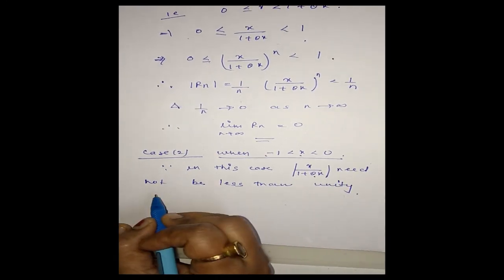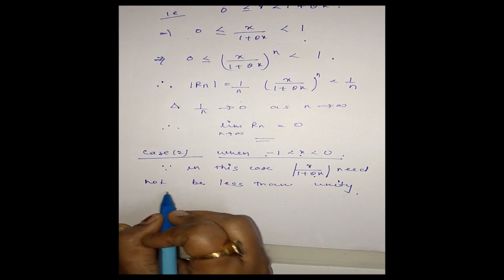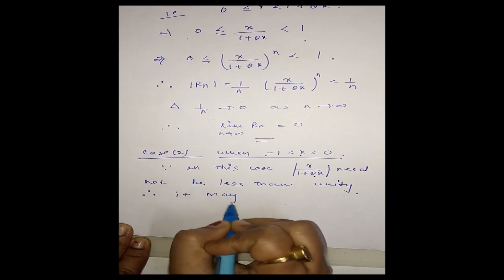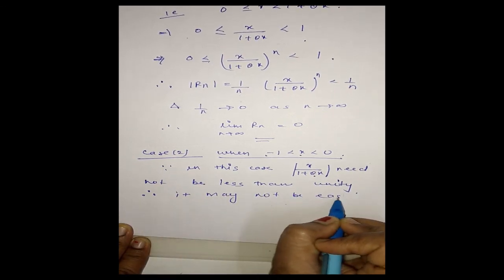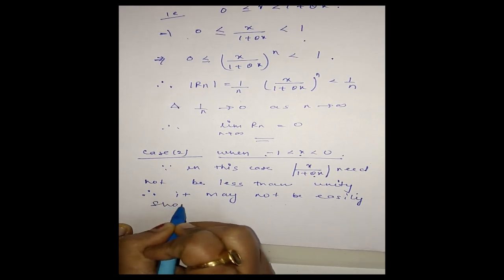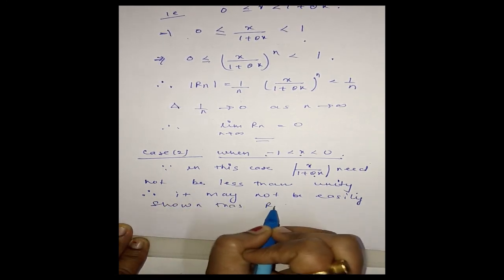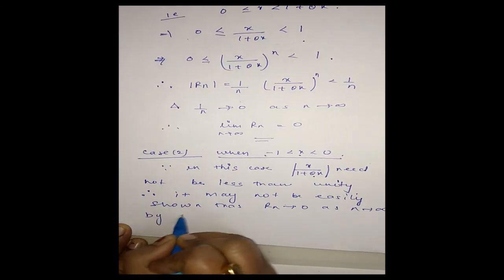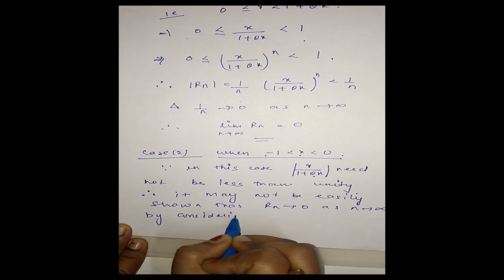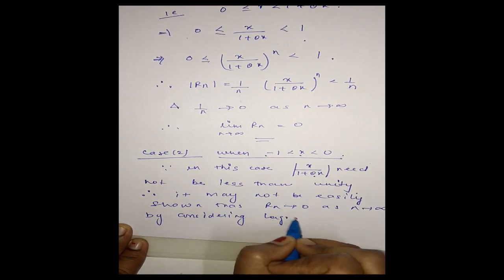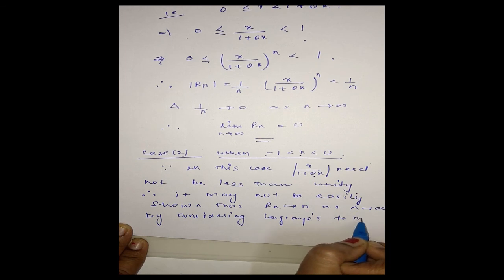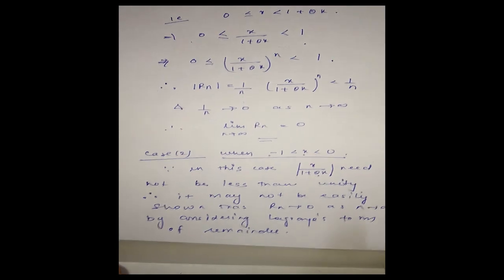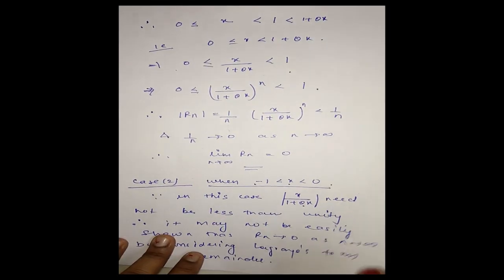Therefore it may not be easily shown that Rn tends to 0 as n tends to infinity by considering Lagrange's form of remainder. Therefore, we will consider Cauchy form of remainder here. In this particular case, we will consider Cauchy form of remainder.